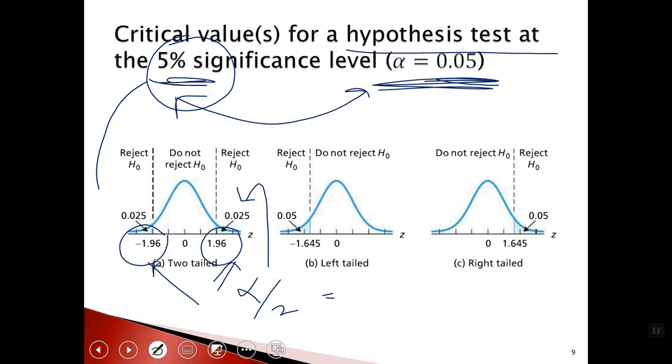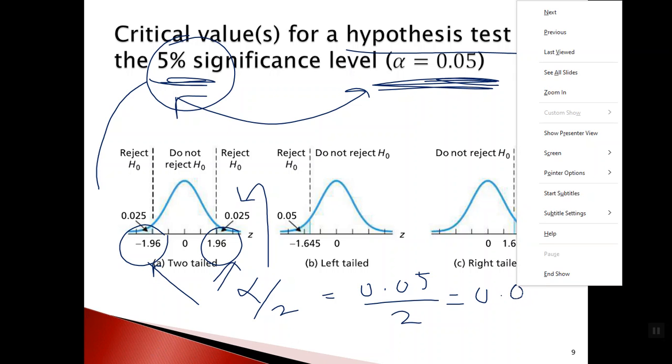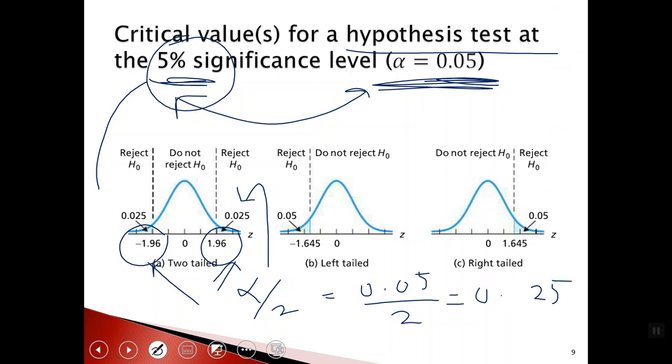So here your alpha is 0.05, you divide it by 2, which means 0.025. That's the value you have to consider. This is actually a region, from the left side and the right side. So that's why they have mentioned this region 0.025.